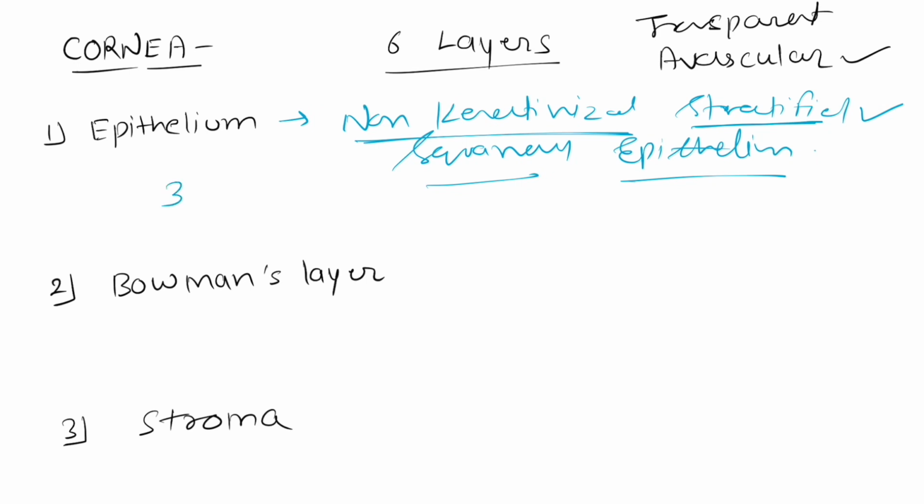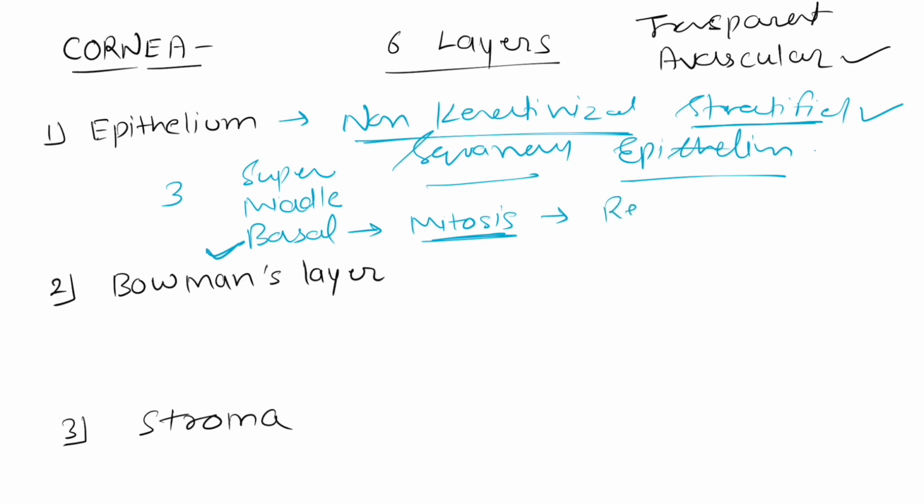There are 3 layers: the superficial, middle, and basal. The basal layer has the power of mitosis. Why is that important? Because due to this basal layer, the epithelium can regenerate, so there is a power of regeneration.